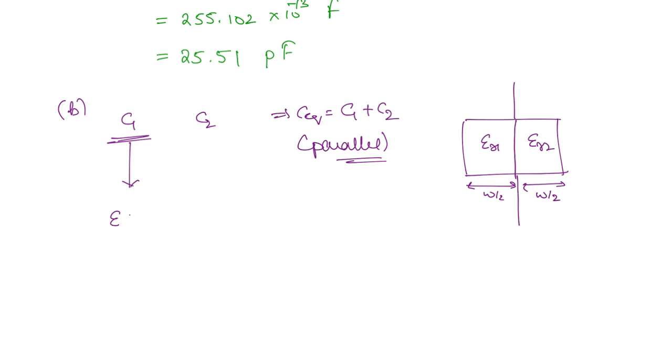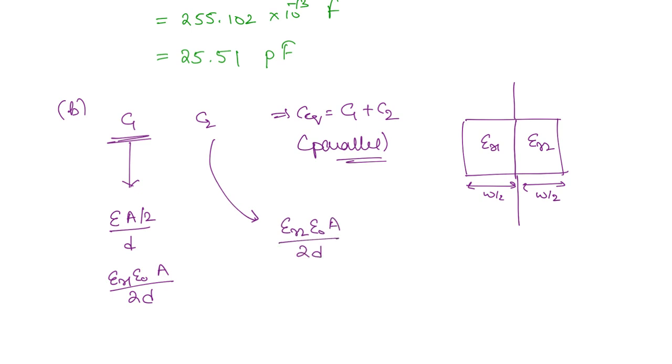So here you can write epsilon A by 2 divided by the separation, which is going to be D only, the entire separation. So epsilon r1 epsilon naught A by 2D. Similarly for C2 you are going to get epsilon r2 epsilon naught A by 2D.